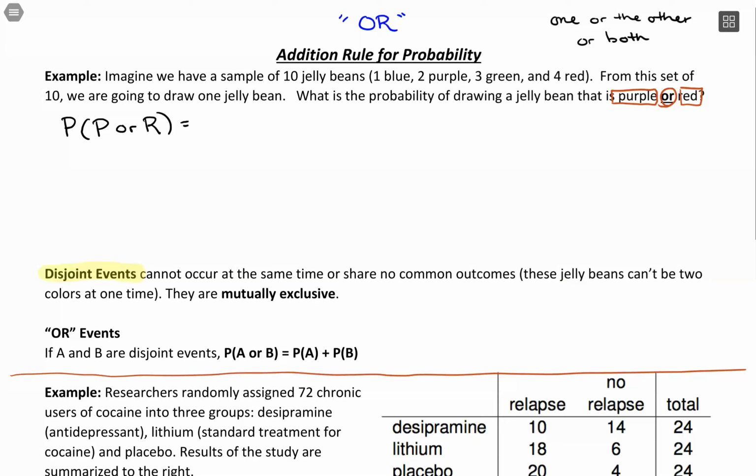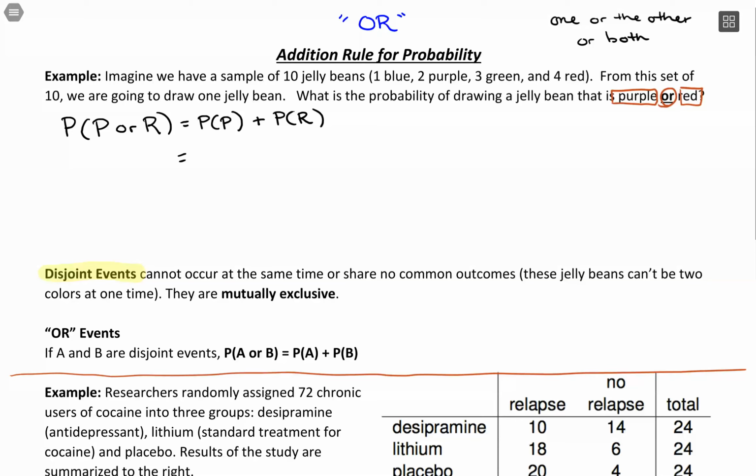So there are a total of 6 jelly beans that fit this scenario out of the 10. But the calculation, how we're thinking of that and how that's interpreted, is we are taking how many purple jelly beans plus how many red jelly beans. So it ends up being this addition.